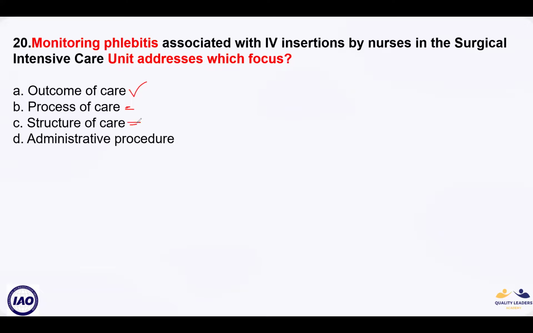But phlebitis occurring after the insertion is a complication, a result, an outcome. So this does address the outcome of care. It's not an administrative procedure at all. So remember that.